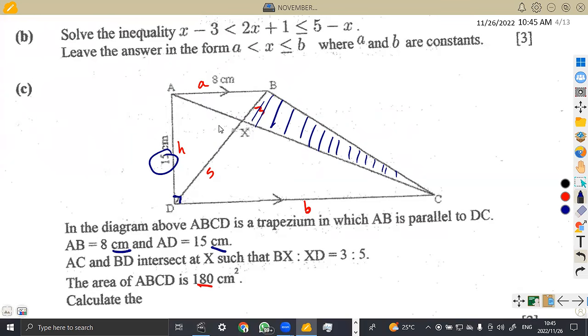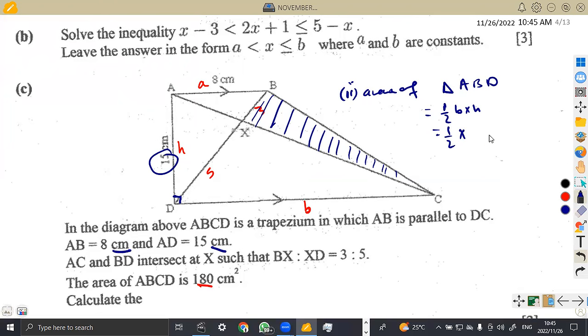So we are going to calculate the area of triangle ABD, so that at least we can have the remaining area, which is BCD. So let's start with the area of triangle ABD. This is item 2. That's a right angle triangle, so it is going to be easier because we know that area is half base times perpendicular height, which is half times the base, which is 15, times the height.